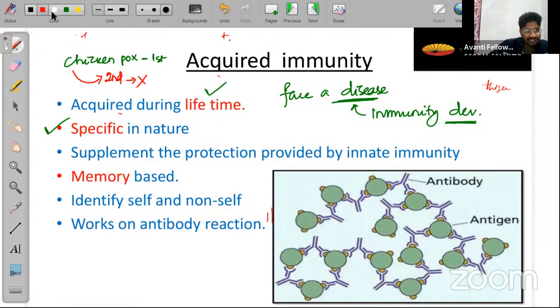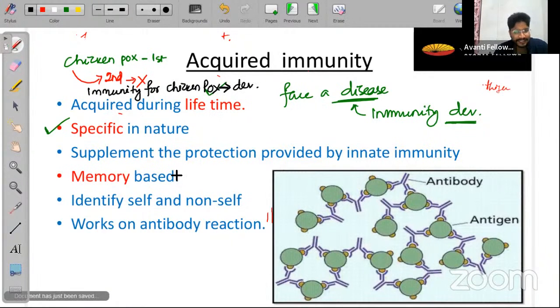Why are we not affected now? Because immunity for chicken pox has been developed. Because immunity for chicken pox has developed, that is why it is not happening, right? Now the question will arise here.